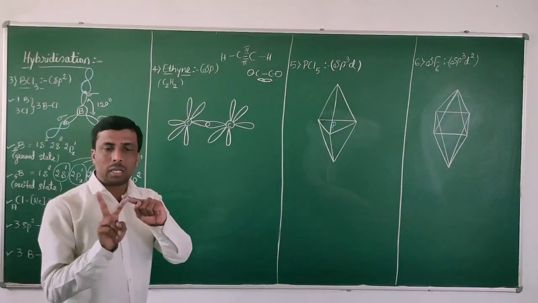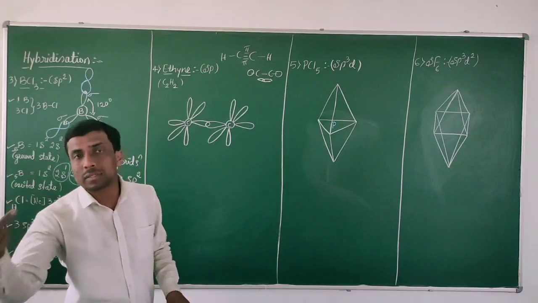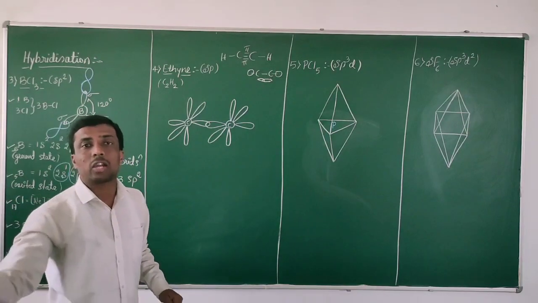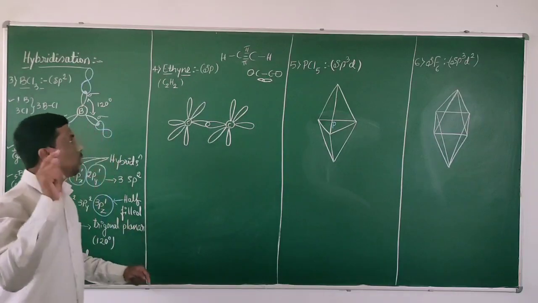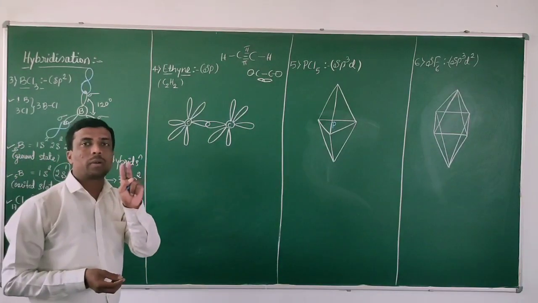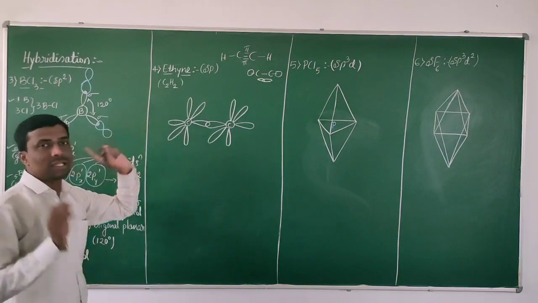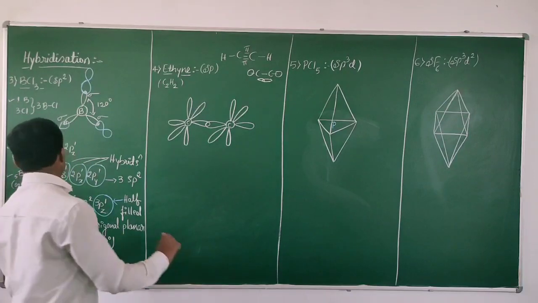One hybrid orbital makes the bond with one more carbon atom, and another hybrid orbital makes the sigma bond with the one hydrogen atom. It means for one carbon, two hybrid orbitals are necessary here in the ethyne molecule. Please understand this one. Okay?